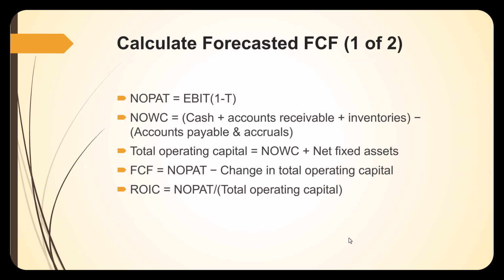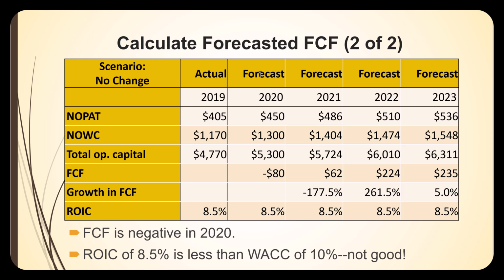So how can we then predict forecasted free cash flows? Again, from our variables up above, we can calculate these ratios. We've seen them many times before: NOPAT, the net operating working capital, total operating cash flow, free cash flow, and our return on invested capital. So for this outcome, what do we see?